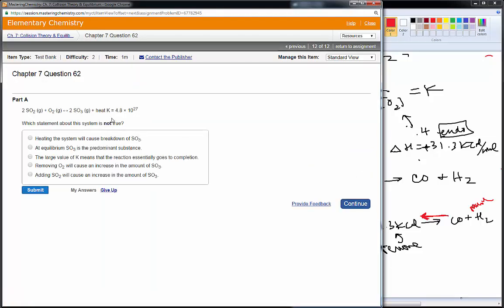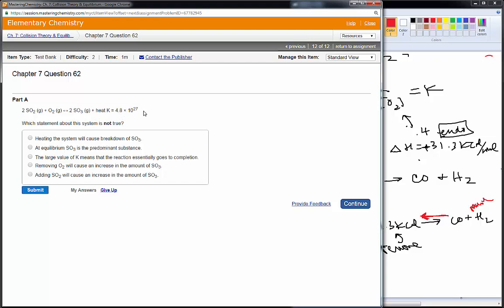Okay. And finally, which statement about the system is not true? Let's see, we've got two SO2s with one O2 going to form two SO3s plus heat. So they're telling me that this is exothermic because I'm evolving heat. And they tell us the K value, which is very large, so we know that products are favored.